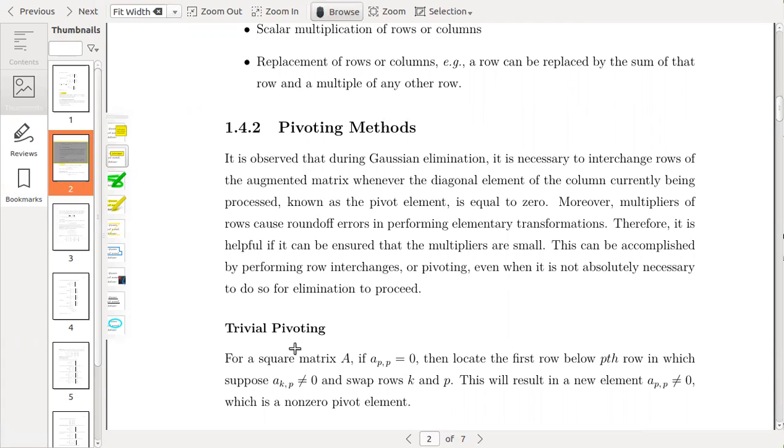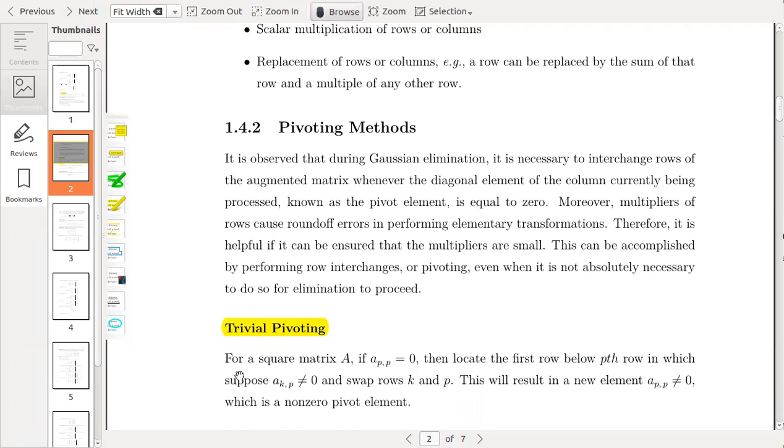The first pivoting strategy is called trivial pivoting. In trivial pivoting, for a square matrix A, if the diagonal entry is equal to 0, then we will locate the non-zero element in the same column but below this diagonal entry.